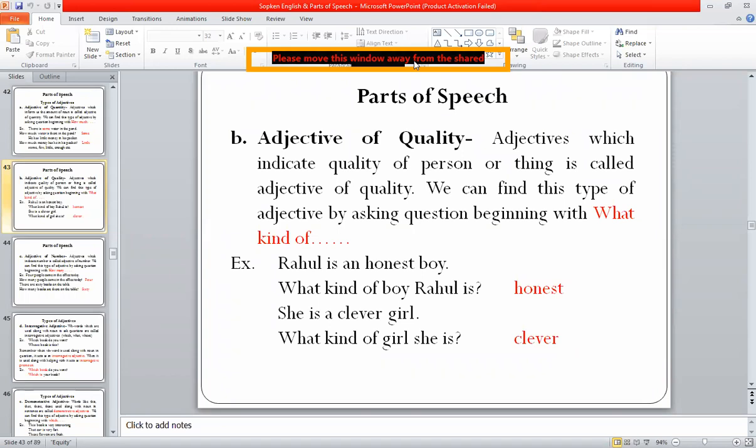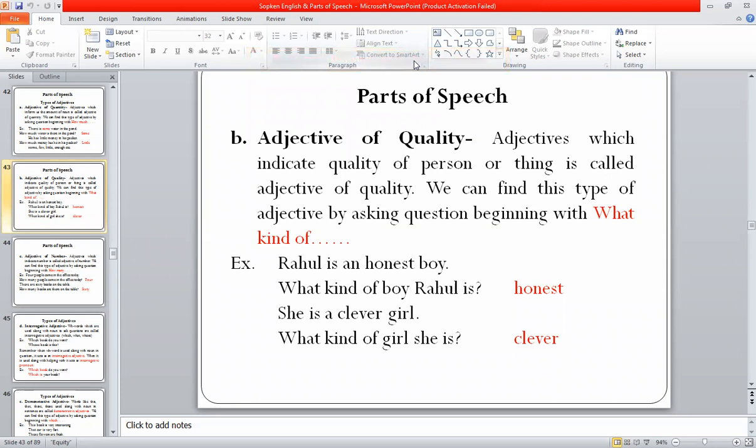In this example, honest is the adjective of quality. Why is it? Because if we ask a question starting with what kind of boy Rahul is, it is answering honest. So honest is the adjective of quality which gives more information about boy, that is the noun. That is why they are called adjectives of quality.